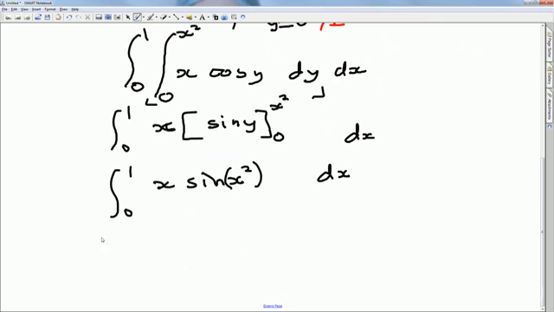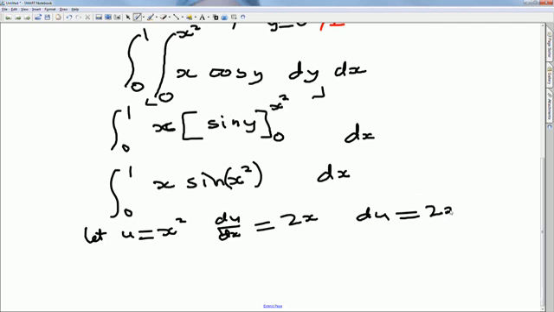You can do it by substitution, so how do I do that in this exercise? I'll let u be the inside. So I've got sine x squared, so let u equal x squared. Take the derivative: du dx is 2x, and du is 2x dx.